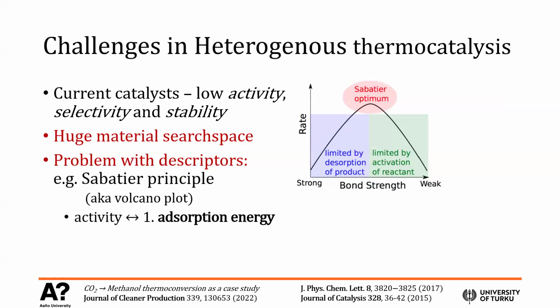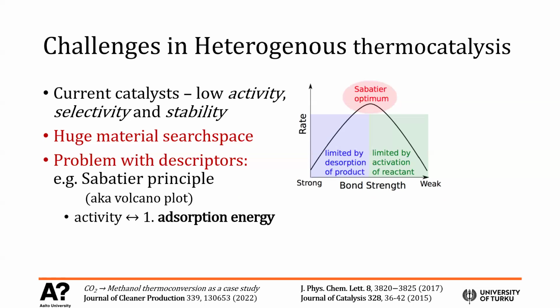That's the Sabatier principle. The Sabatier principle is a pretty straightforward, simplified way to look at catalytic activity, mapping the activity to one adsorption energy per material. So we can be in different places here. The adsorption energy tells us how strongly the reactant binds to the surface.